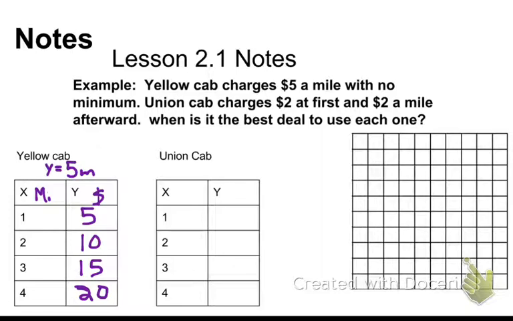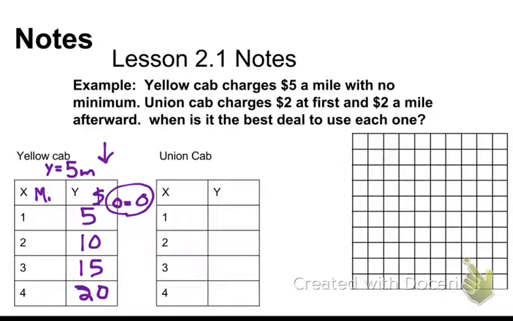One important thing to mention is that when x equals 0, y is going to equal 0, because 5 times 0 is 0. And if you notice, I don't have a y-intercept. I'm not adding or subtracting anything to this.